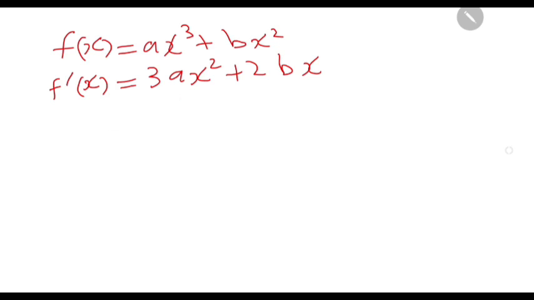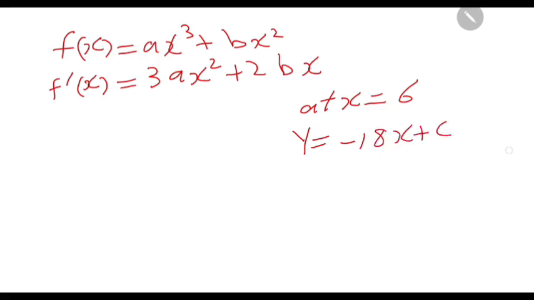Now remember, at x = 6 we have the tangent line, which is y = −18x + c. So this is the gradient at x = 6. Therefore, the first derivative at x = 6 is equal to −18, because the gradient of the graph is equal to the gradient of the tangent line at the point of tangency.